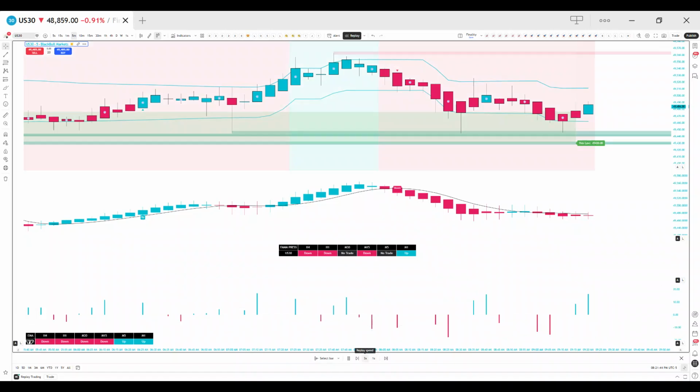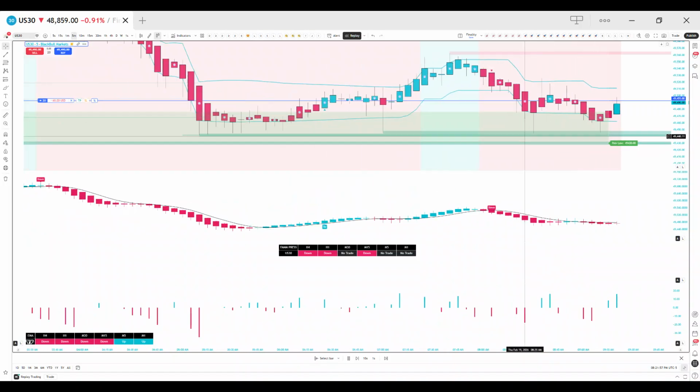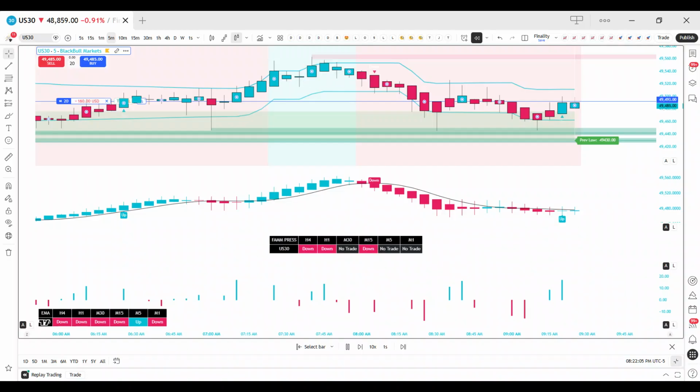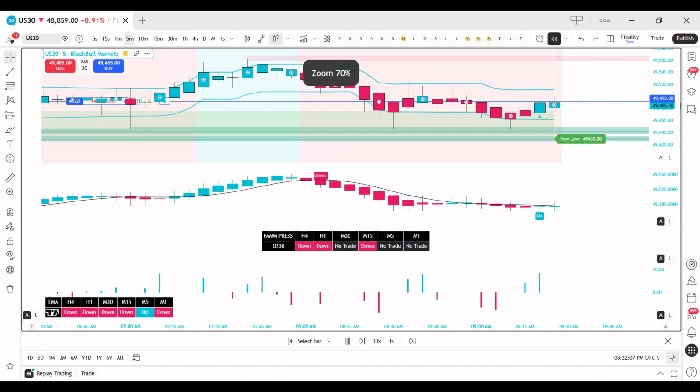Watch this. Let's go 10 seconds at a time. Here is an up. We got a couple of these going at the same time. We're coming from a low place, which is what we wanted. And what do we see?